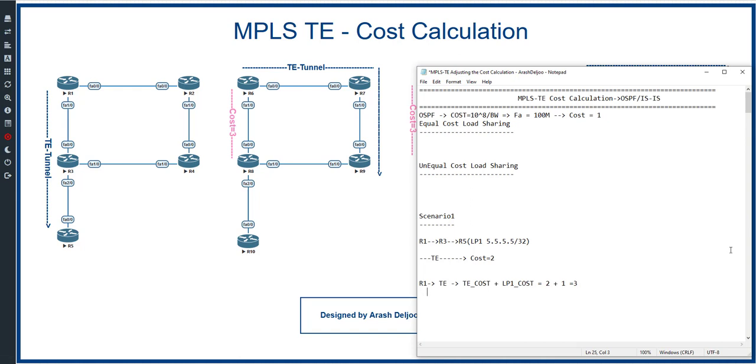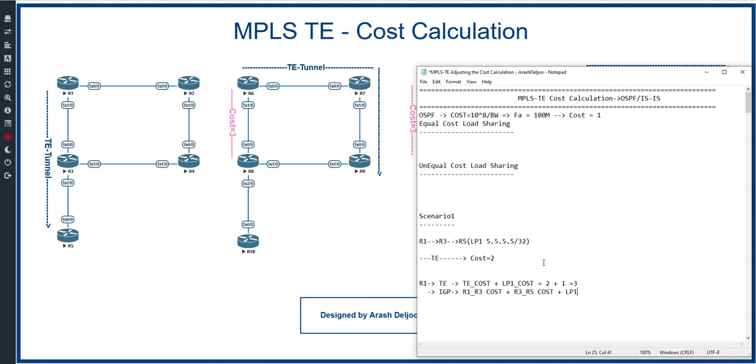Also, we have another path, the IGP path. You know that the quad 5 /32 is learned from the TE tunnel and also from the IGP. Because of that, over the IGP, if we want to calculate, we have the cost of the link R1 to R3, plus R3 to R5 cost, and after that the loopback 1 cost.